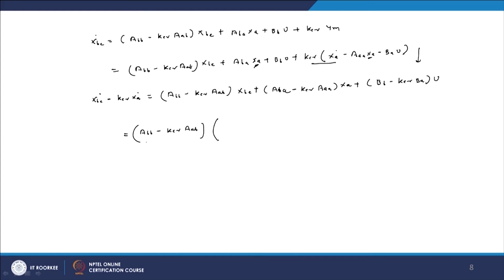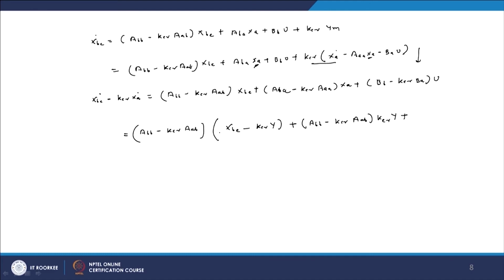So, what we have done, ABB minus KER into AB multiplied by XBE minus KER into Y plus ABB minus KER into A into AB multiplied by KER plus Y. That means here ABB minus KER into AB into XB.